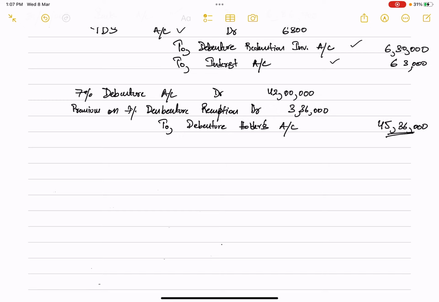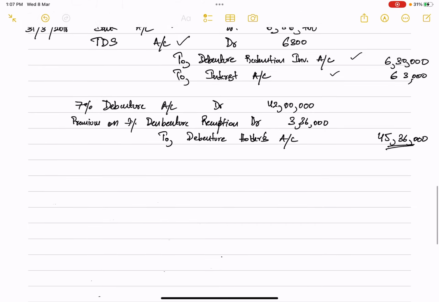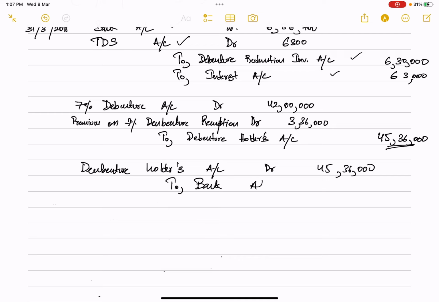So final payment now needs to be made. Again, the debenture holders account will be debited 45 lakhs 36,000 rupees, and it is all supposed to be paid from your bank account, which finally closes your entries.